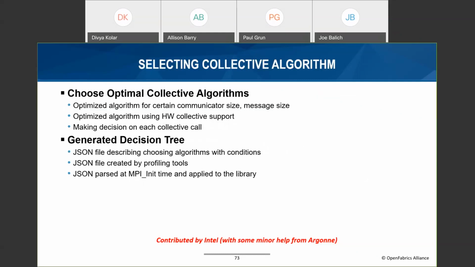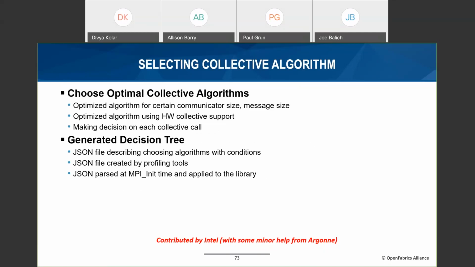So to effectively use all these collective algorithms, one big improvement that Intel is contributing is the collective selection framework. What the framework does is it allows the user to choose different collective algorithms based on multiple criteria, including communicator size, the message size, and all that stuff.